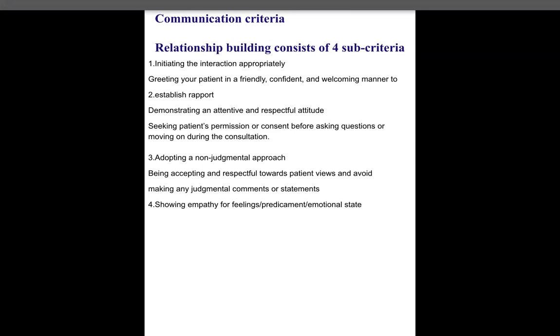The way you initiate the role play gives the patient an understanding of how good a doctor you are. So greet your patient in a friendly, confident and welcoming manner, and establish rapport. Demonstrate an attentive and respectful attitude when you're speaking, and adopt a non-judgmental approach.